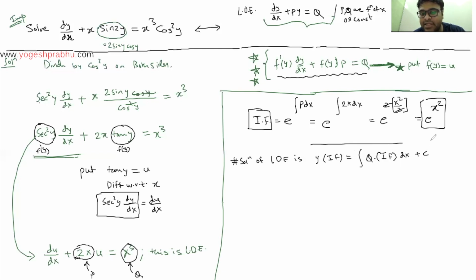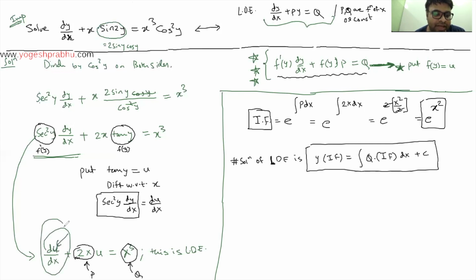This is the standard solution. There is just one point you have to understand: our dependent variable is not y. The dependent variable over here is u, so we have to take u here, not y. Everything else will be fine. Just substitute the values and you can get the answer.